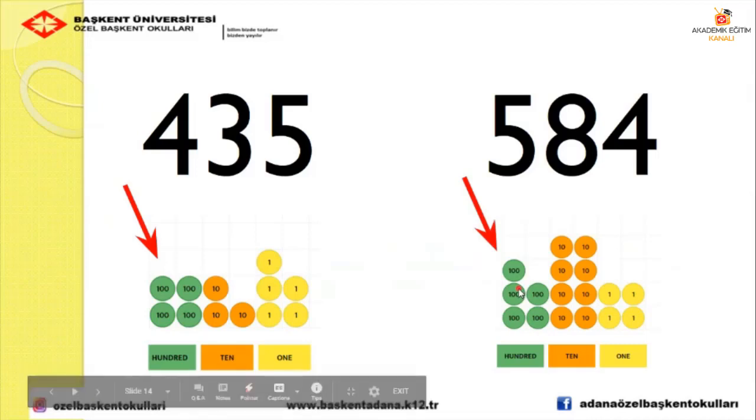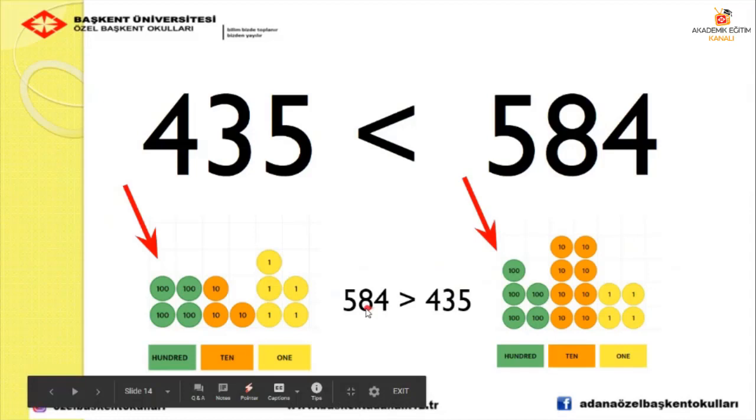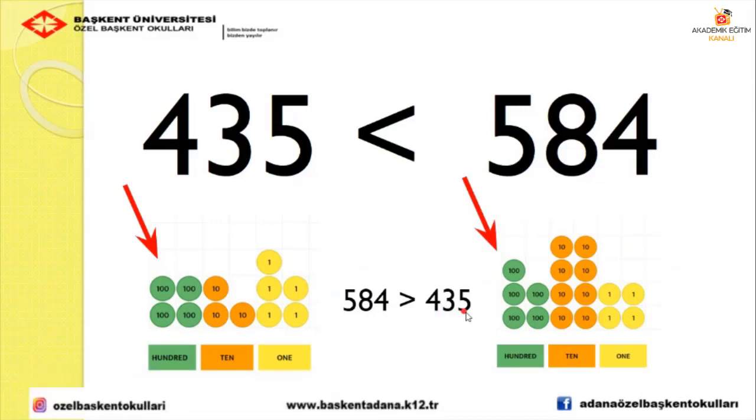So yes, you are right. 435 is less than 584. But you can also write that 584 is greater than 435. This is also correct.